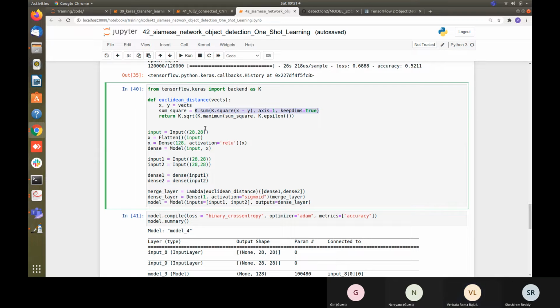Got it? What is the formula for Euclidean distance? Square root of (x1 minus p1) square plus (x2 minus p2) square plus (x3 minus p3) square and so on up to (xn minus pn) square, right? So here we are doing (x minus y) square and summing it, but have not applied the square root. Here you see we applied the square root to the sum of squares, with epsilon, maximum of each of these.